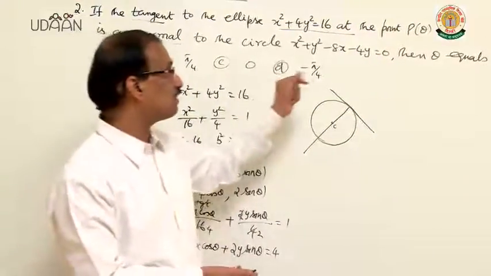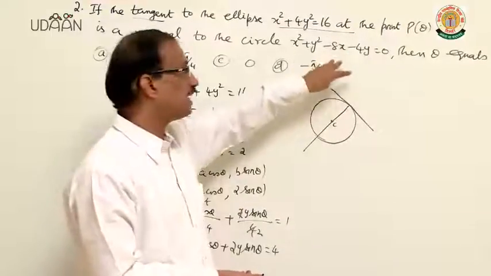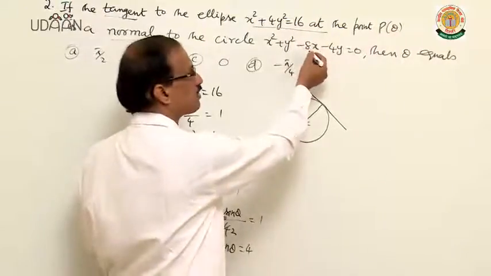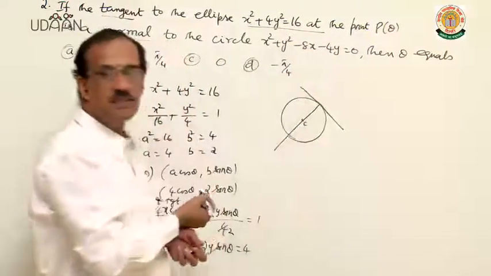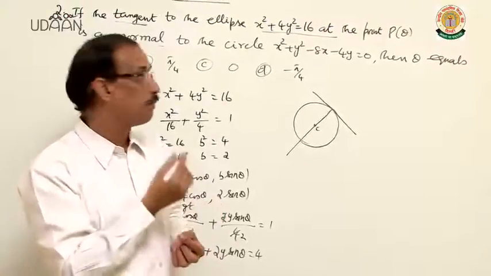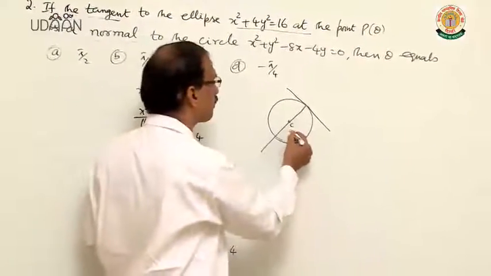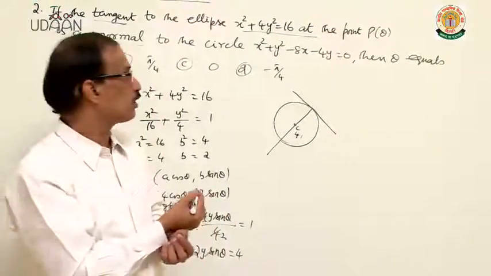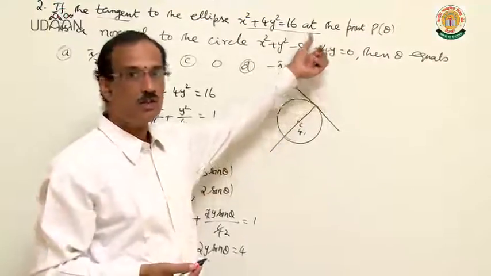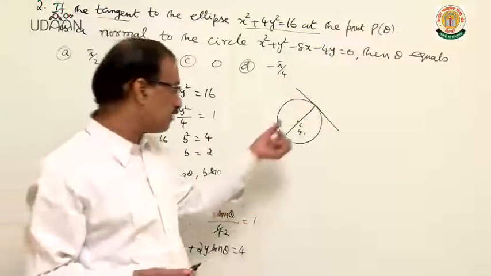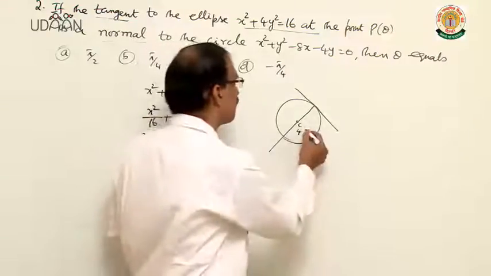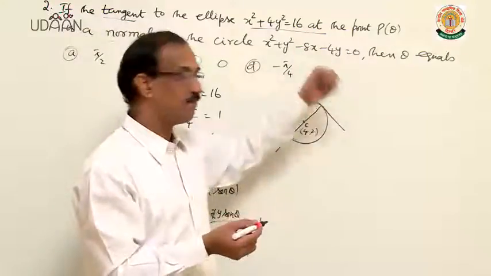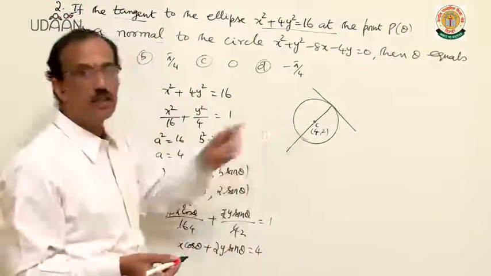If it is in that format, the center is minus g, minus f. Here, the coefficient of x: 2g is minus 8, so g is minus 4, and minus g will be 4. And here 2f is minus 4, so f is equal to minus 2. What we want is minus f, so this will give us 4 comma 2 as the center of the circle.